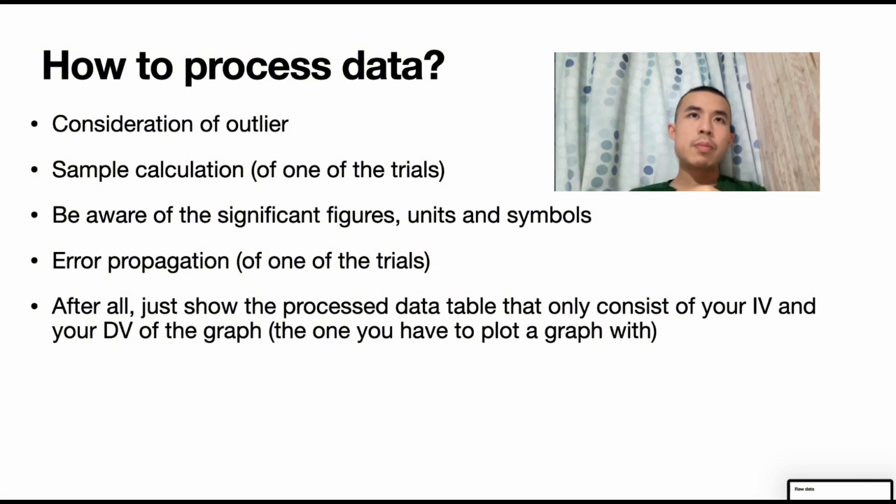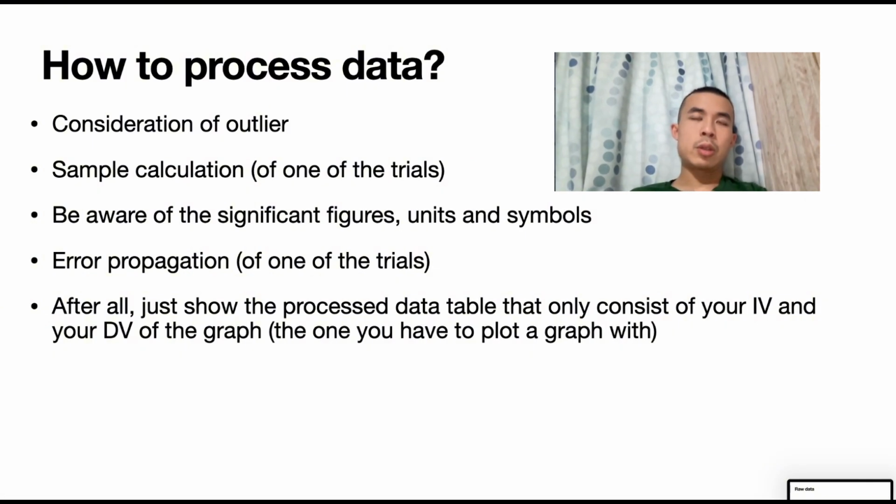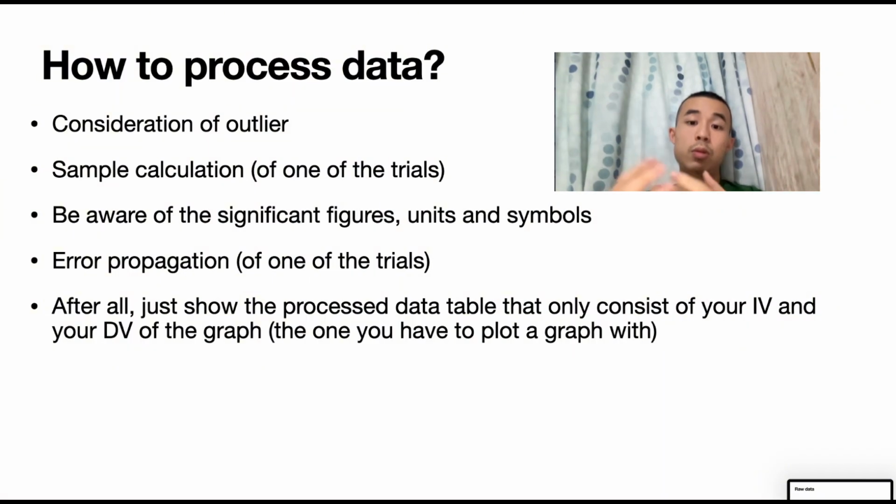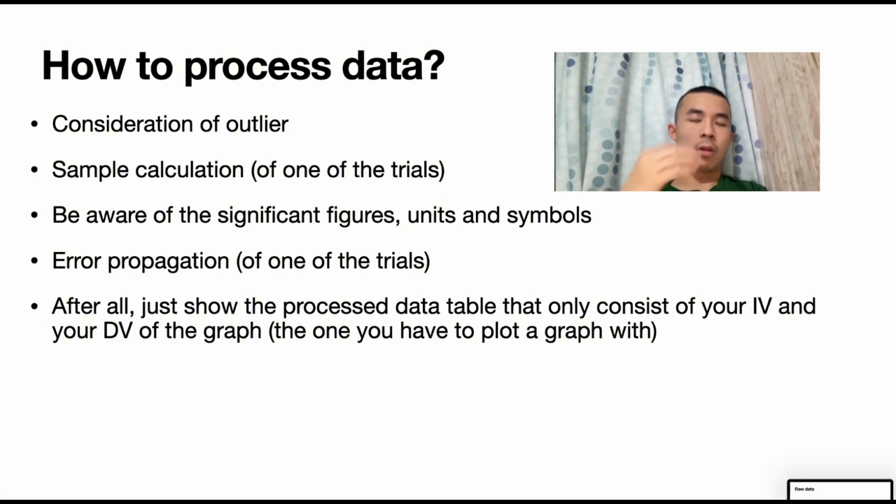Symbol means that sometimes you can actually use some symbol to represent that variable. For example, you use a large T for temperature, or maybe a small t for time. These are actually good ways, so that you, or maybe a marker, understand how some of these variables are calculated or collected.